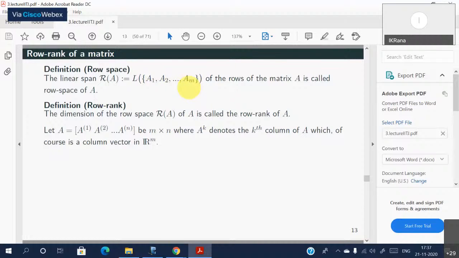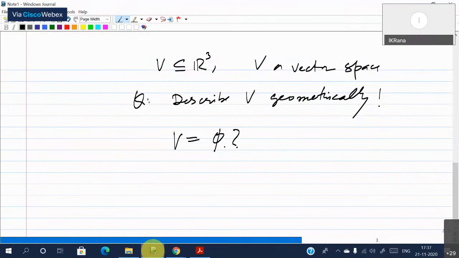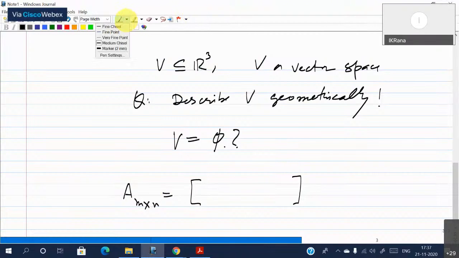If A is m cross n, let us write the rows of this. I'm looking at the set of rows. Let me take R1, R2.